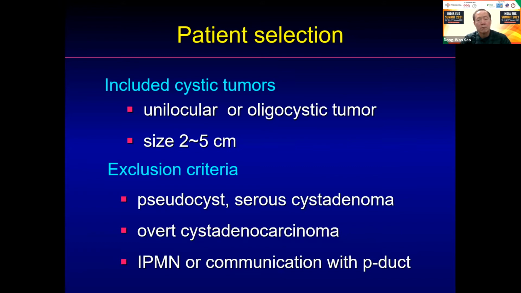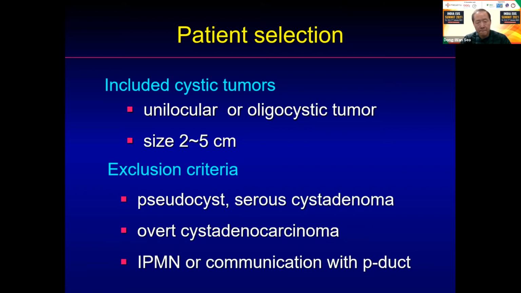And exclusion criteria are as follows. Based on clinical history and the image findings, if pseudocyst is suspected or serous cystadenoma is suspected, then we exclude it. And overt cystadenocarcinoma or IPMN showing clear communication with the main pancreatic duct were all excluded from this study.